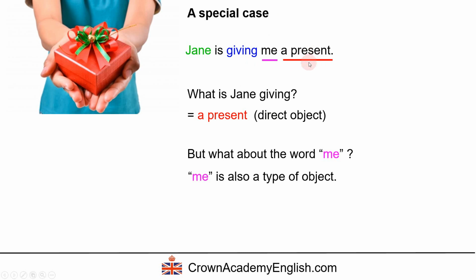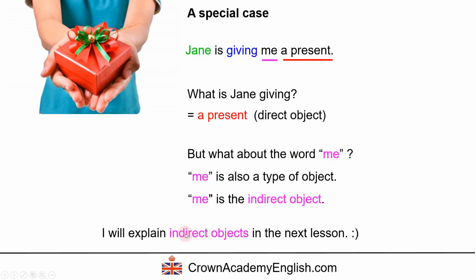It has a direct object, present, and me, which we call the indirect object. But don't worry, I will explain indirect objects in the next lesson.